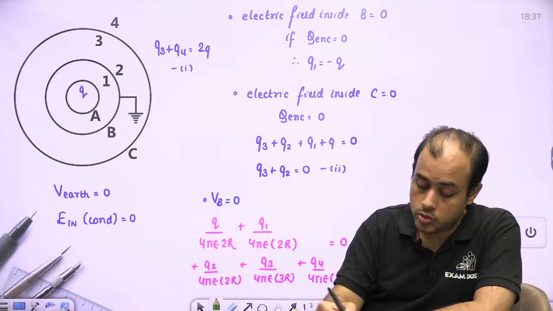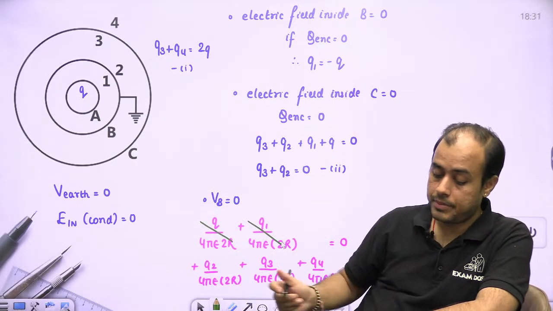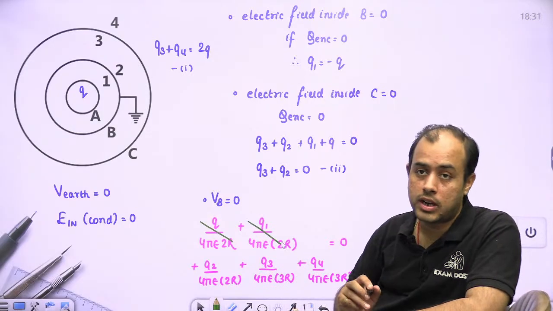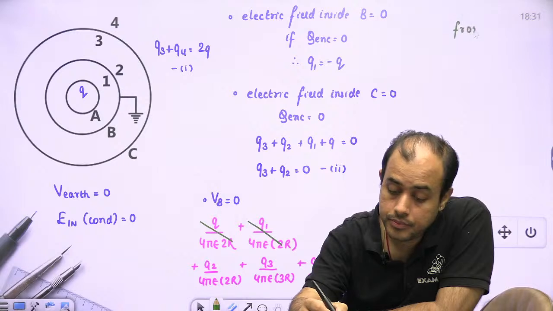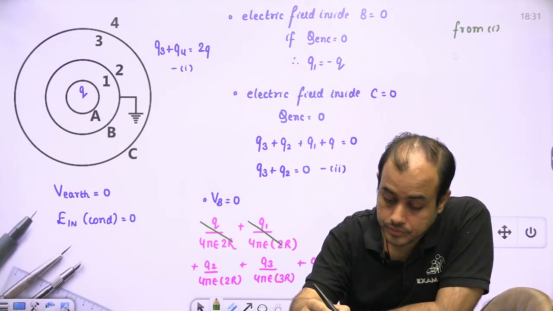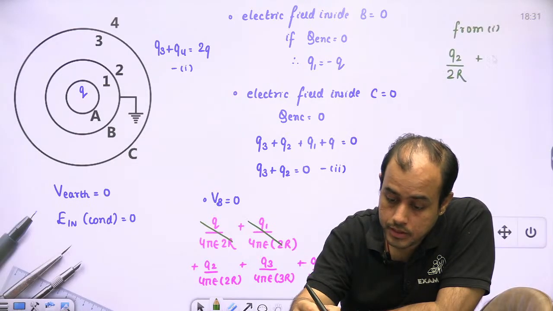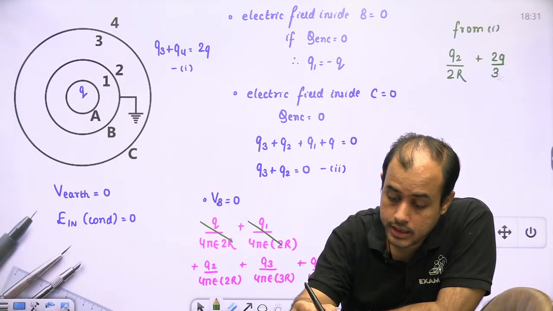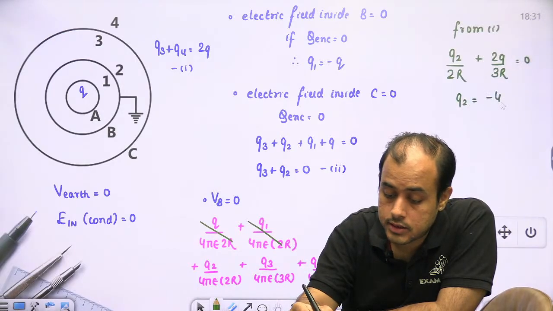Now beta, these two will be cancelled because Q1 is minus Q. Now Q3 plus Q4 I know. Q3 plus Q4 is 2Q. So Q2 by 2R plus 2Q by 3R equals 0. So Q2 will be minus 4Q by 3.